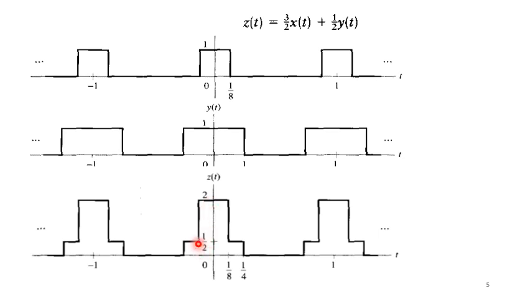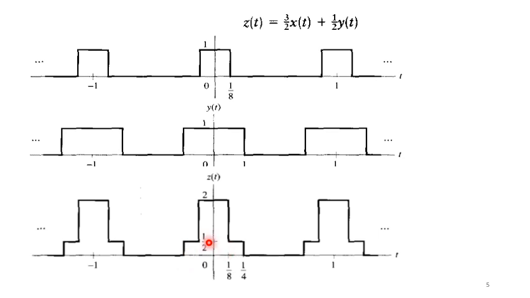Whereas for the values from 1 by 8 up to 1 by 4, because y of t is half, it has amplitude of this.